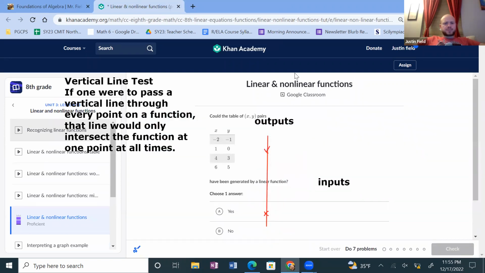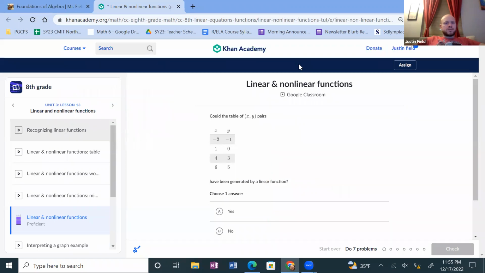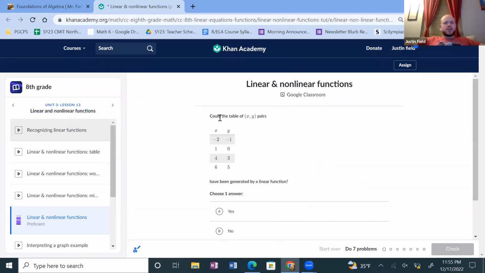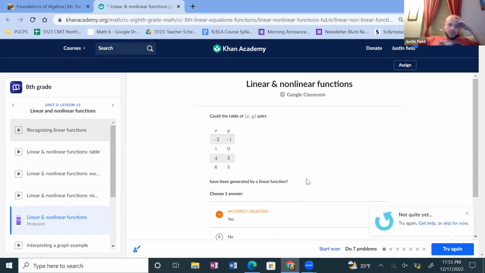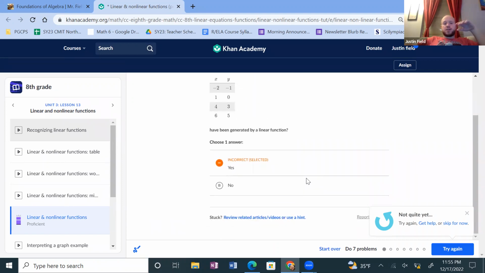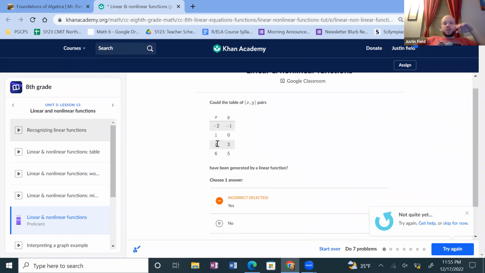I think I might have answered this one too. Could the table of x-y pairs have been generated by a linear function? I just use the same inputs: -2, 1, 4, 6. Yes, all those inputs are different. Oh, whoopsie daisy. You know what I should have done?